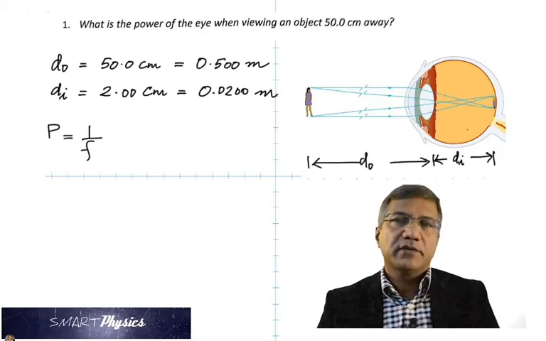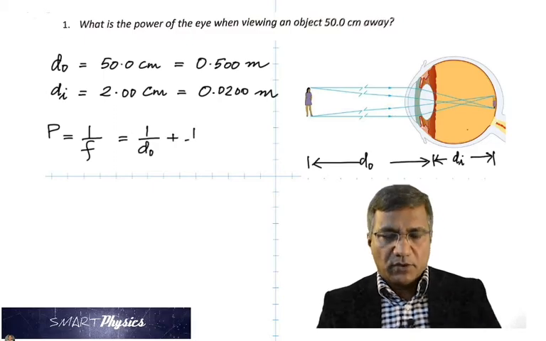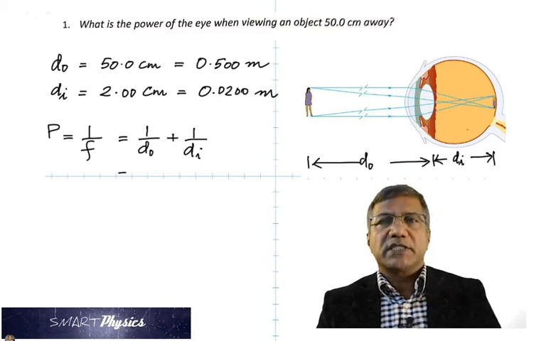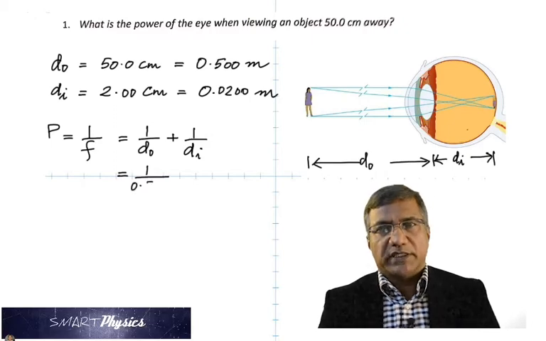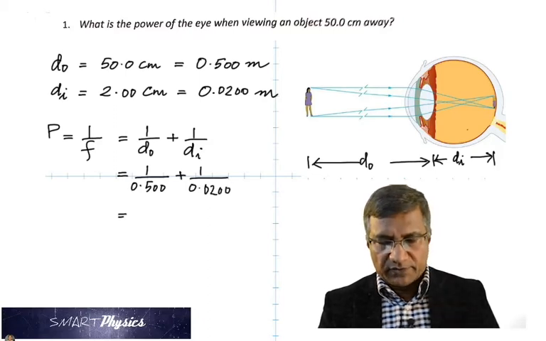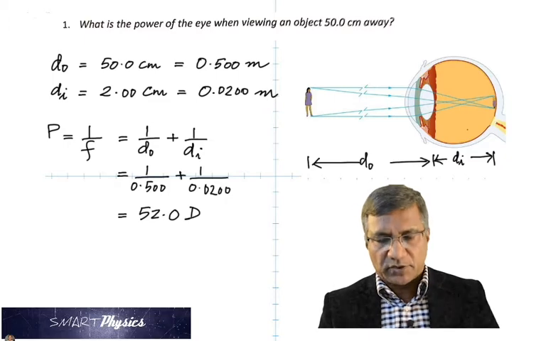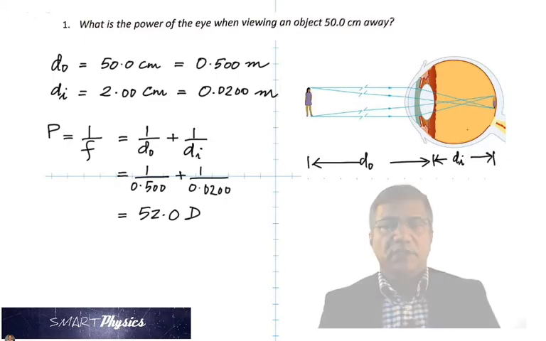The power is 1 by focal length, which is actually 1 by DO plus 1 by DI. So plug in the values and you get the answer. On calculating this, you get the power as 52.